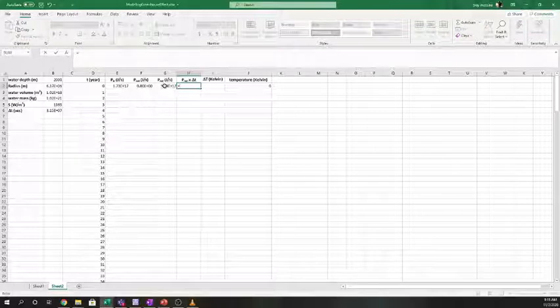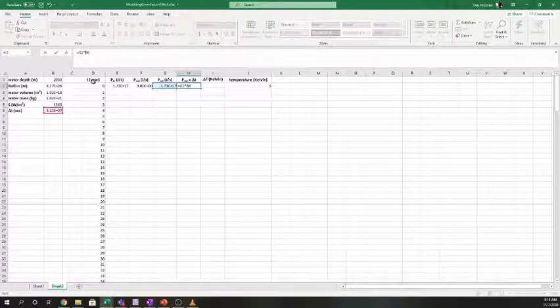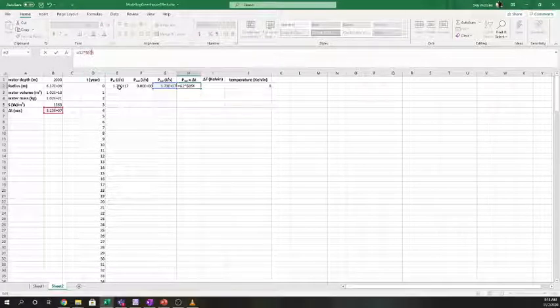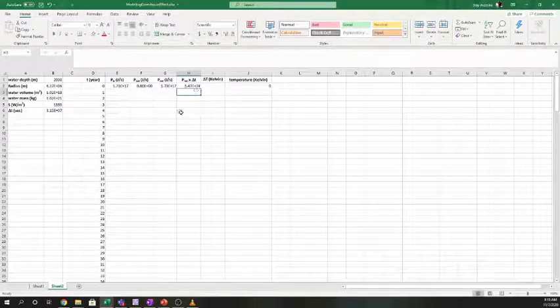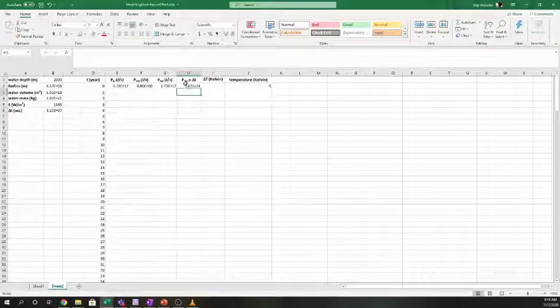So I'll say equals, click on the net power, and then multiply that by the change in time. But that change in time is in a fixed cell. So I'm going to put dollar signs there. And so we get this 5.47. When we did the hand calculations, it had gotten rounded down to 5.46. So we're going to see a slight difference in the numbers here just because of rounding errors that I did in the hand calculations. So this now is an energy input.